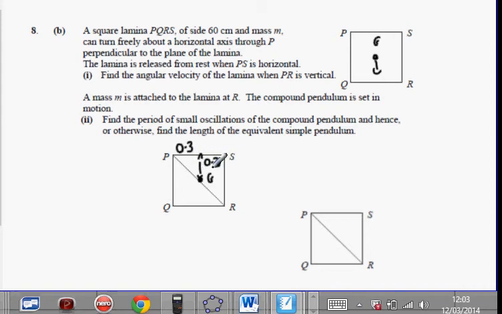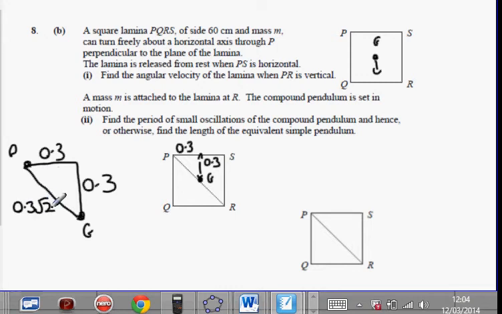Now, if I do a right angle triangle to find the length of PG, from P to G, it's 0.3 by 0.3, so we use Pythagoras' theorem, and PG is 0.3 root 2.